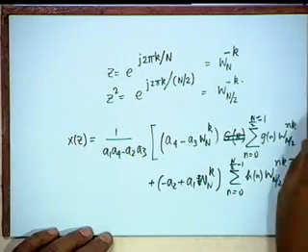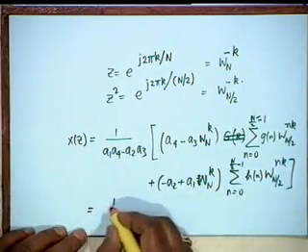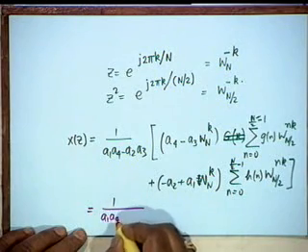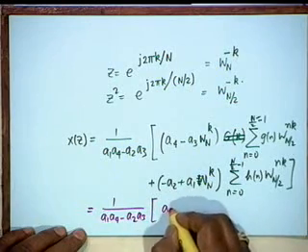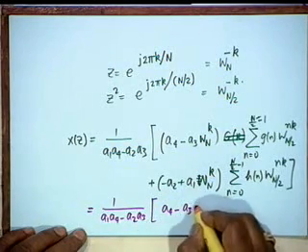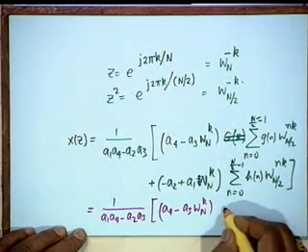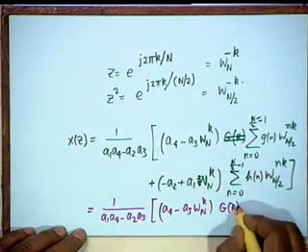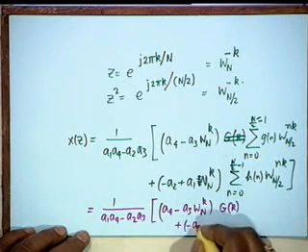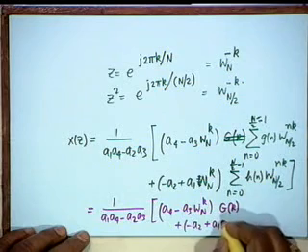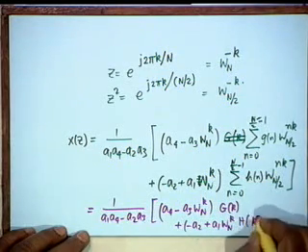And it is obvious that x of z, let me write it here, 1 by a1 a4 minus a2 a3, a4 minus a3 wn raised to the k gk plus minus a2 plus a1 wn raised to the k hk.